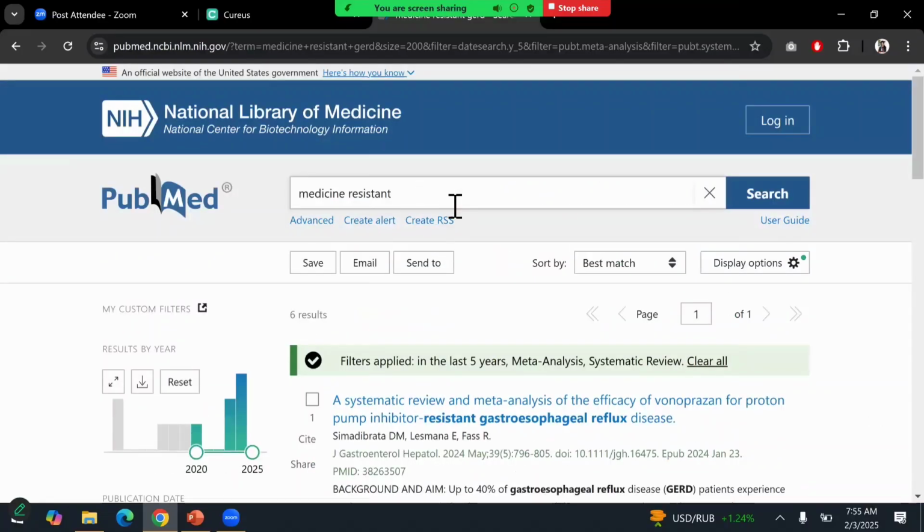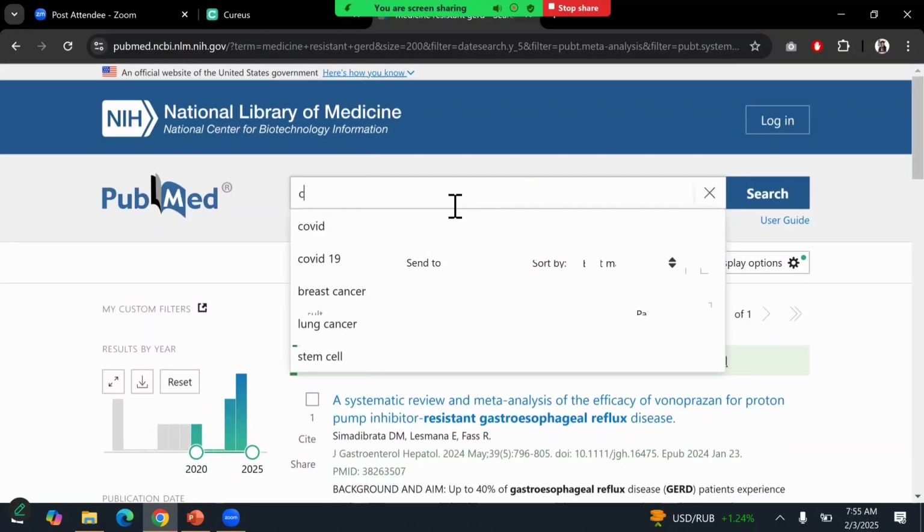We can see other examples. For example, cardiac failure.